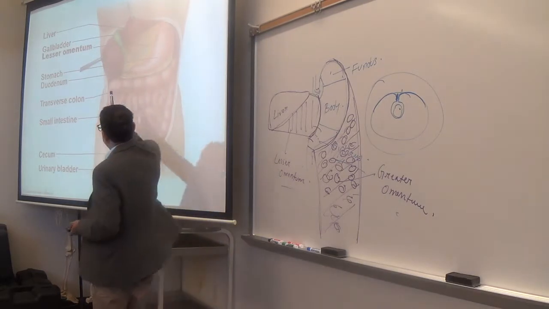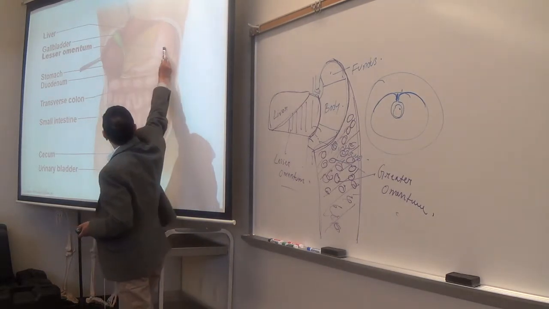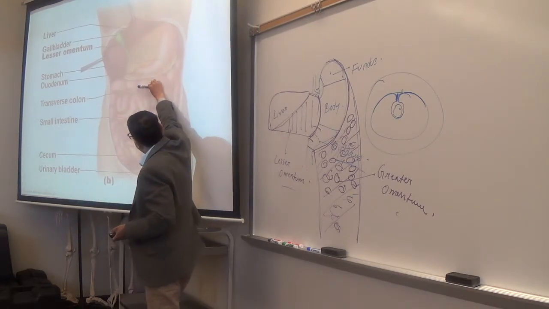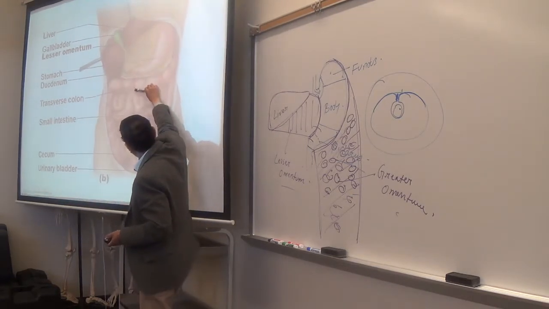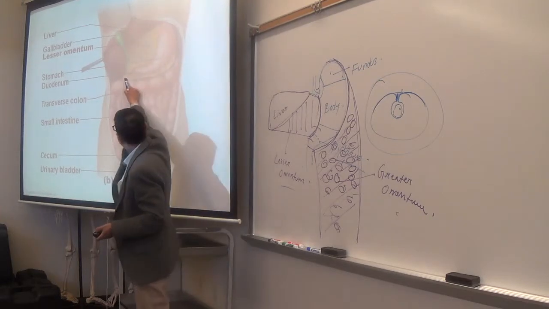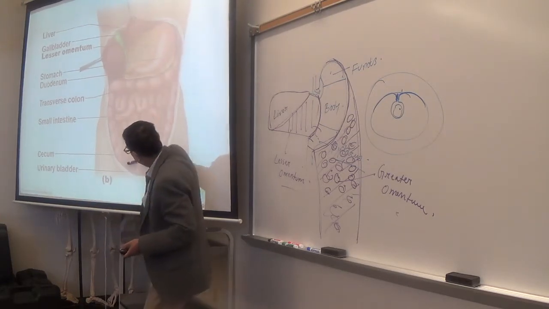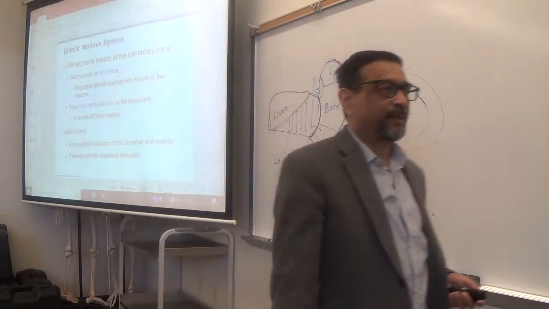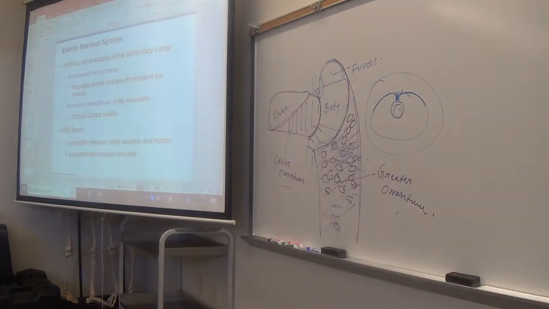Here, this is the liver, this is the stomach, so this is the lesser omentum, and from here it drops down as the greater omentum. Actually, it goes down like this.